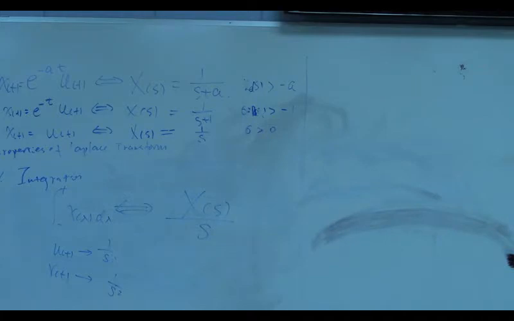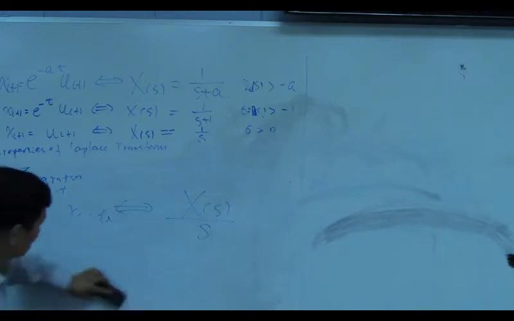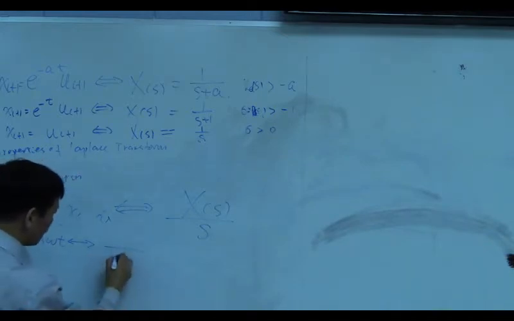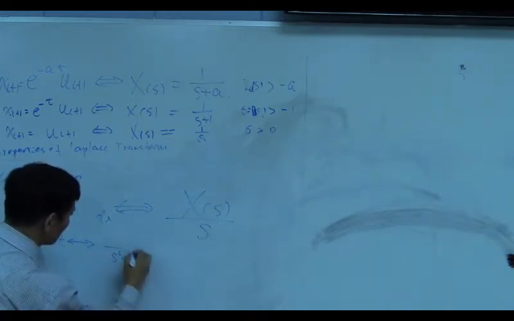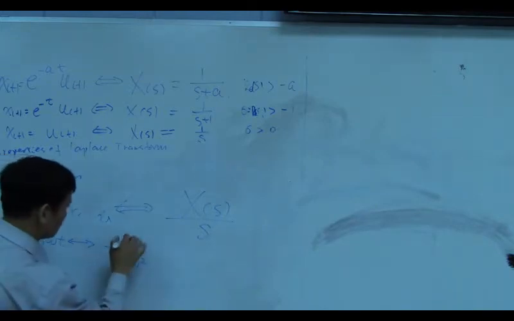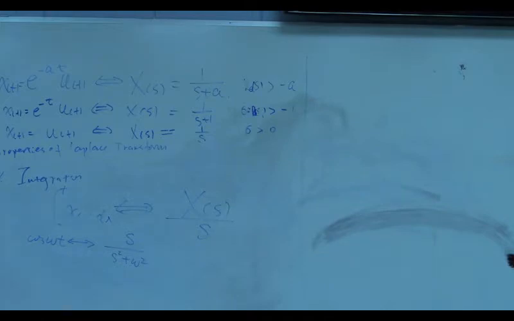Any questions on this? Now we have a more serious example. Last time we mentioned cosine omega t, which gives us s over s squared plus omega squared, with s on top, right?